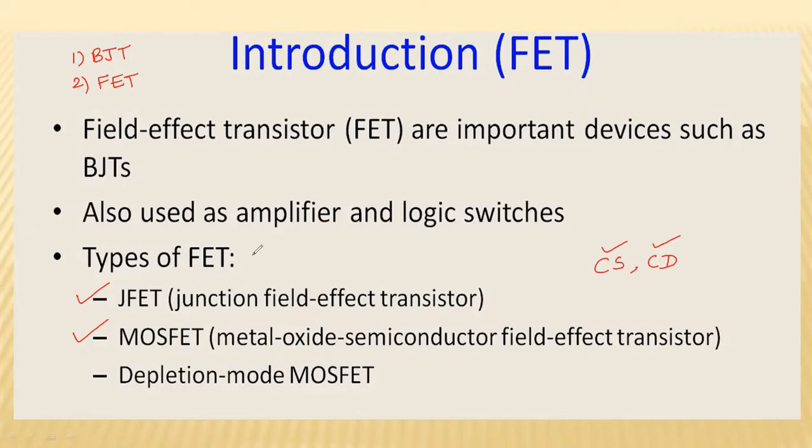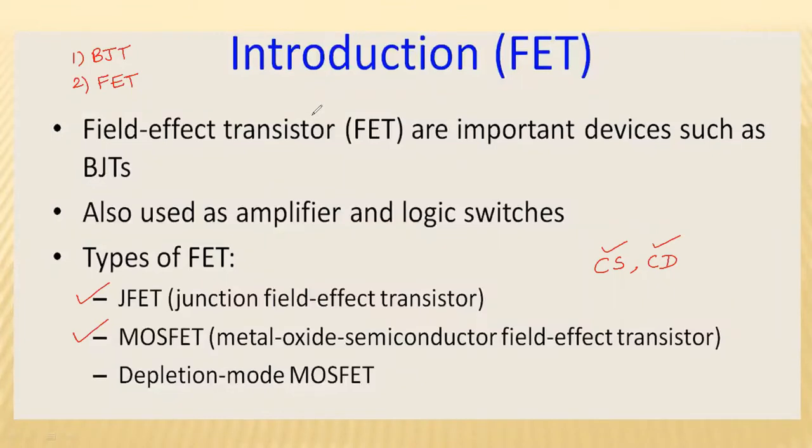Let us quickly revise what we discussed related to BJT. BJT means bipolar junction transistor, which has two PN junctions, and it can be operated in three modes of operation: active mode, cutoff mode, and saturation mode. Active mode means, depending on the biasing, the emitter base junction is forward biased and the collector base junction is reverse biased.